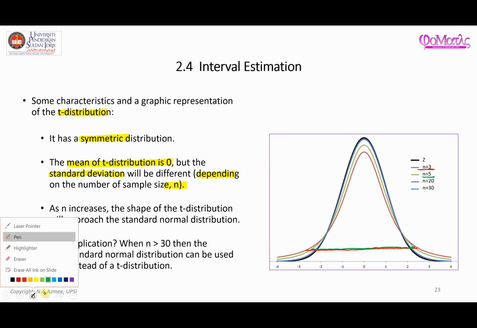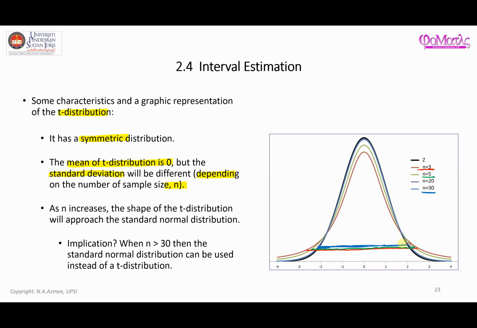Now when n is equal to 30, you will see that it gives the smallest dispersion. The dispersion of data is actually the smallest one here.